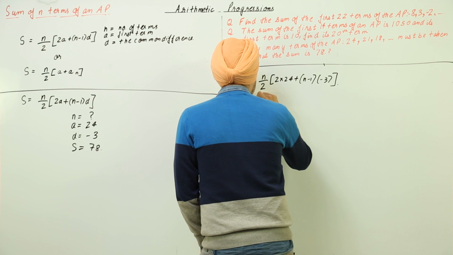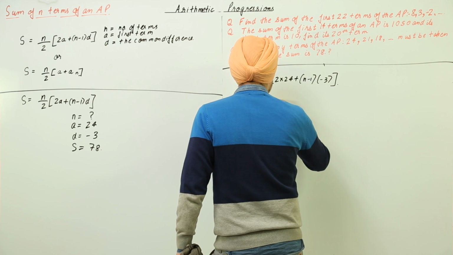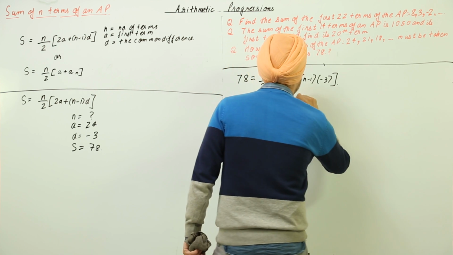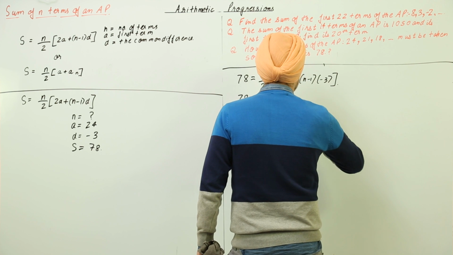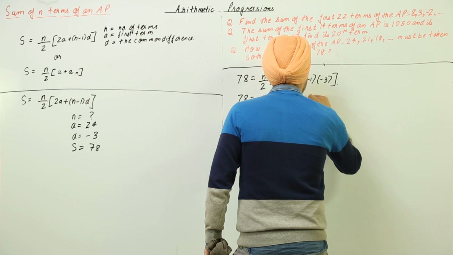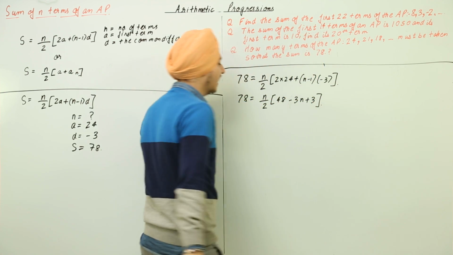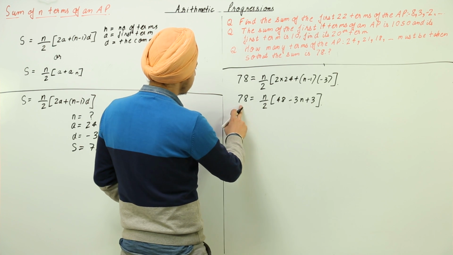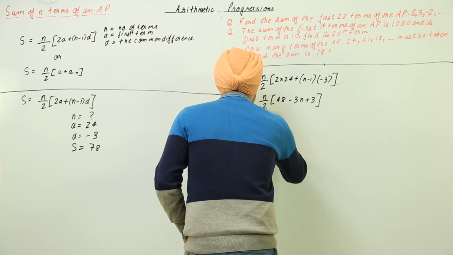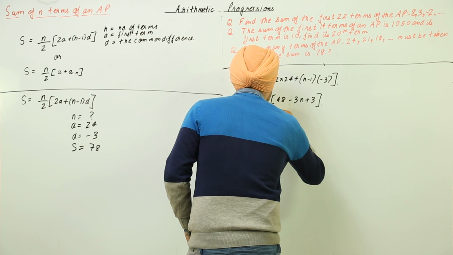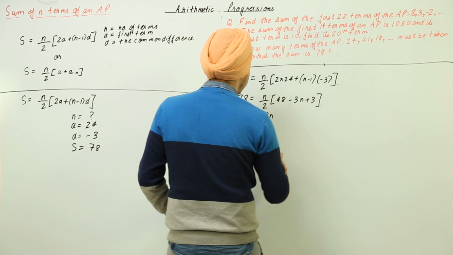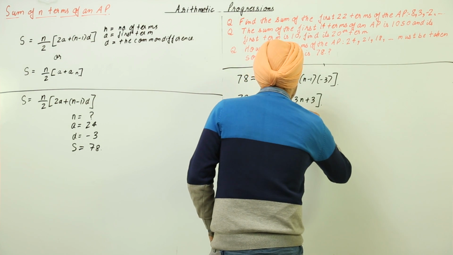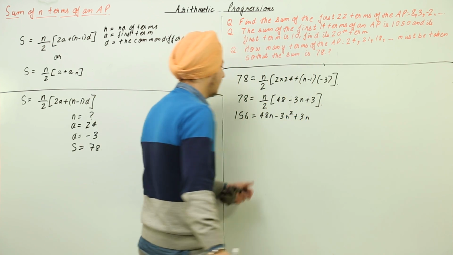This is equal to 78 is equal to n by 2 into 48 plus minus 3n plus 3, correct? Now from here, if I take this 2 this side, what I will get is 156 is equal to 48n minus 3n square plus 3n, right?